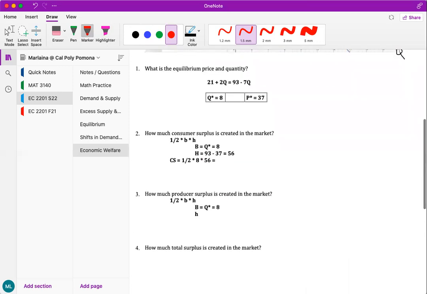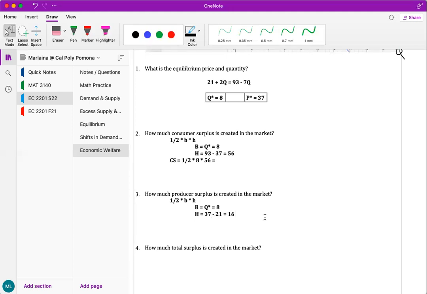So our height is going to be 37 minus 21 equals 16. So now that we have our values, our equation for producer surplus is going to be the area of a triangle with these values plugged in. So 1/2 times 8 times 16. That's going to give us 64.